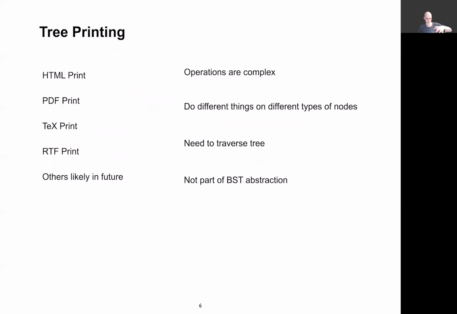I may want to take that tree and embed it as a diagram in a PDF. If you're a tech person, you may do it in LaTeX, or you may want to generate an RTF so you could insert it into Word.